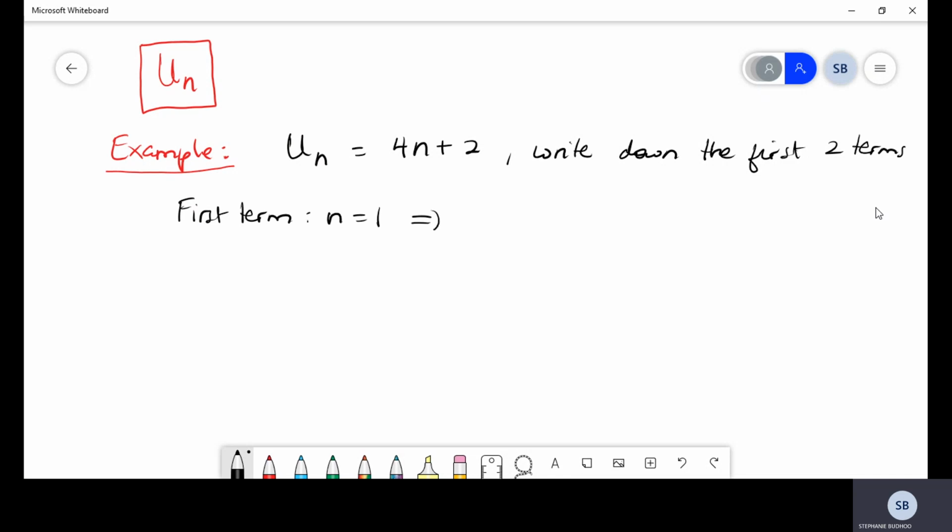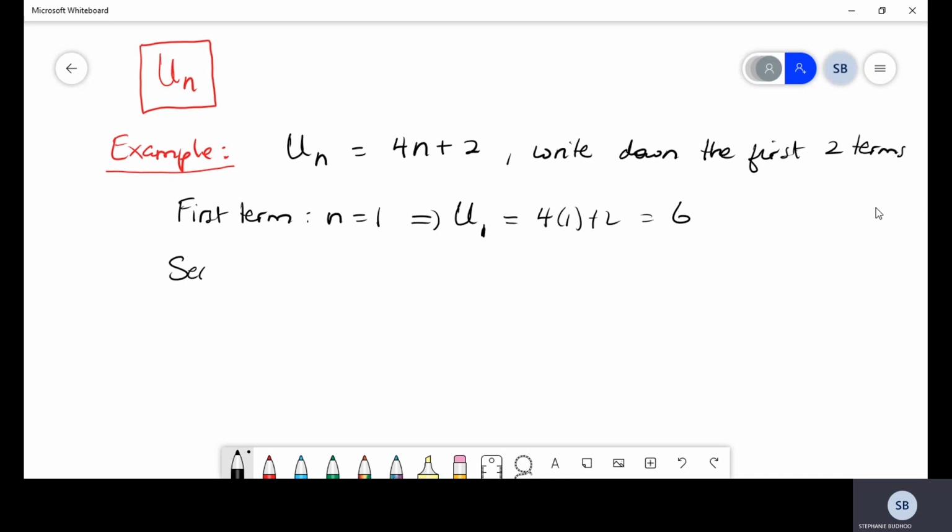That gives us u subscript 1. Because we have an algorithm, we can simply substitute that value when n is 1, and we get 6. So u_1, the first term, has a value of 6.